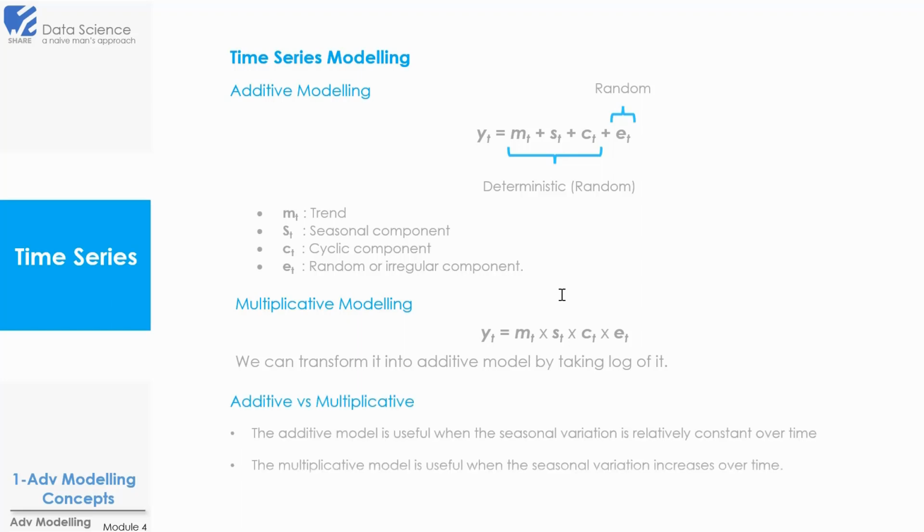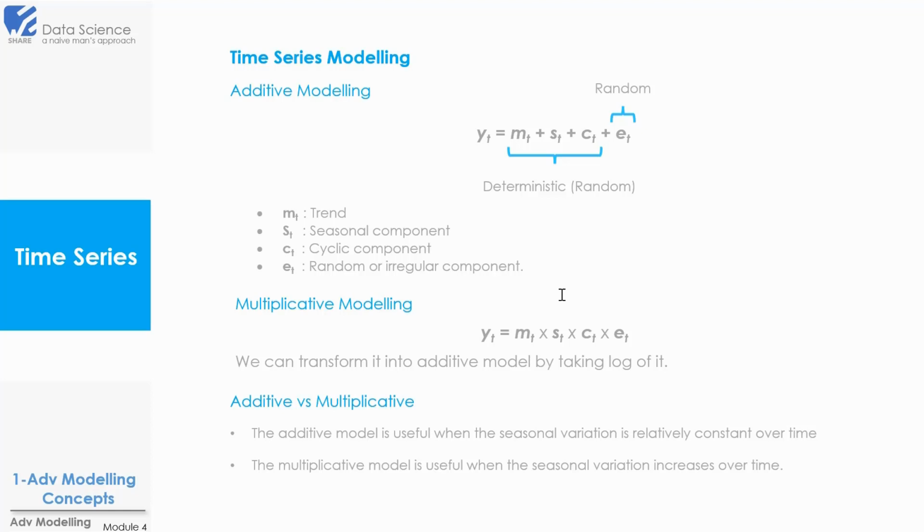Now the next question is when to use which model. So the additive model is used when the seasonal variation is relatively constant over time, and the multiplicative model is useful when the seasonal variation increases over time. We will see what are the seasonal variations, but this is how we decide which model to be used when.